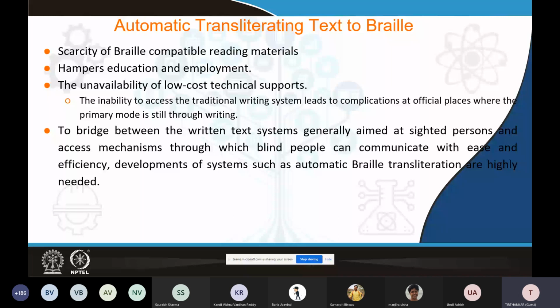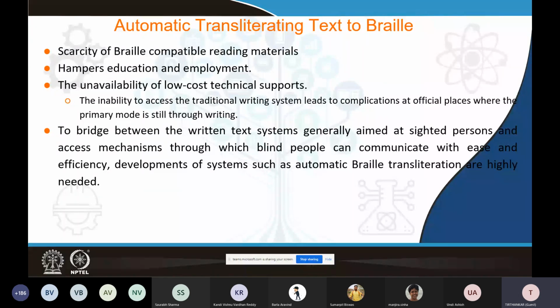And there is a very famous tool developed by IIT Kharagpur in the year 2002 probably, which is called Sparsha, an automatic transliteration system from text to braille.